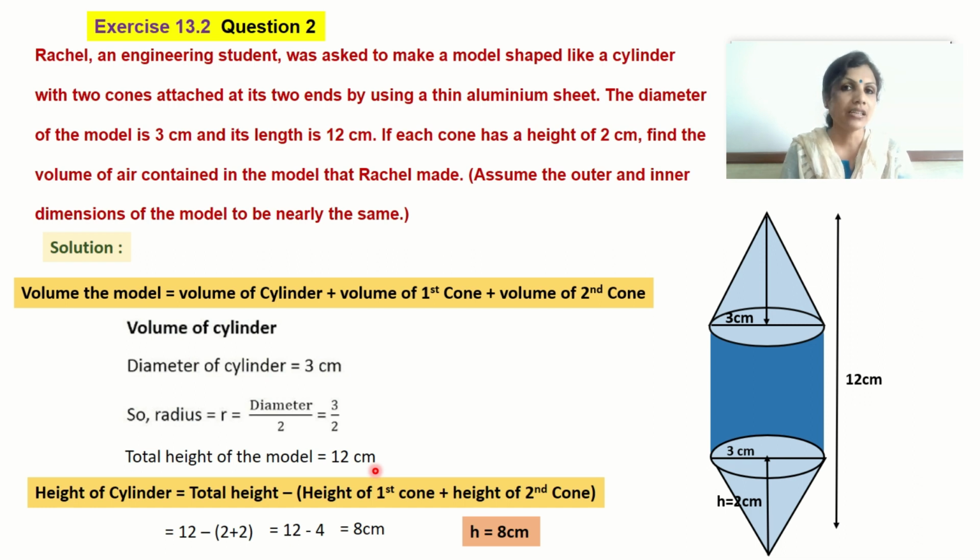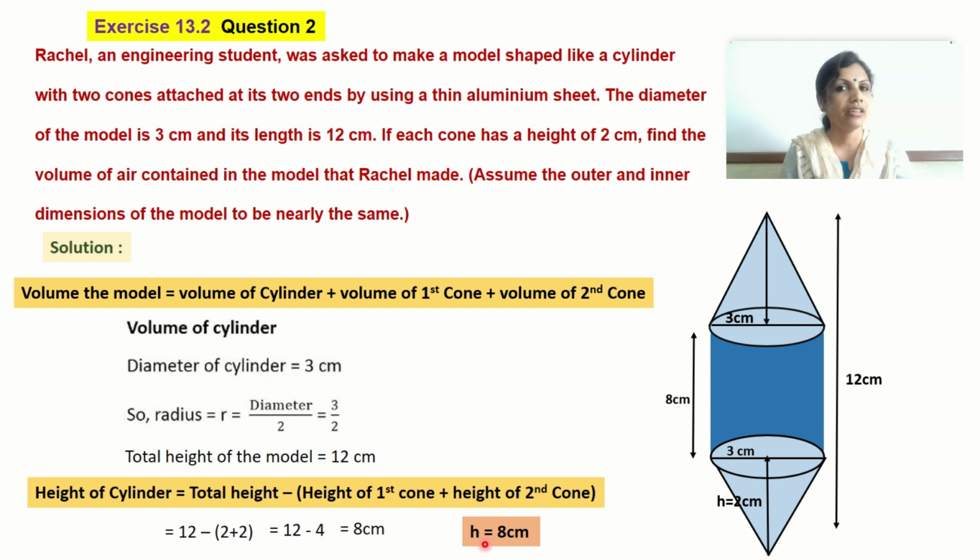Height of the cylinder is equal to total height minus the height of both the cones. That is 12 minus, in the bracket, 2 plus 2, because 2 is the height of the cone given to us. So 12 minus 4, that is 8 cm, and that is the height of the cylinder.